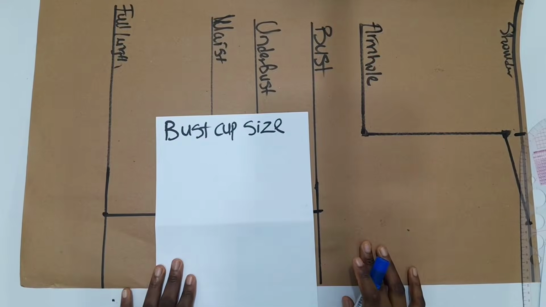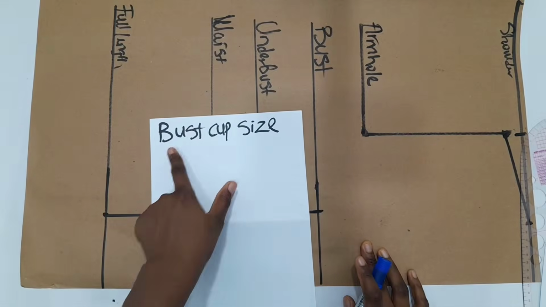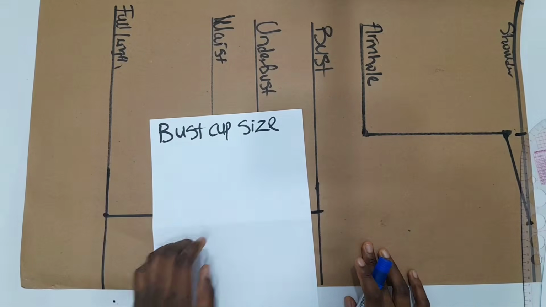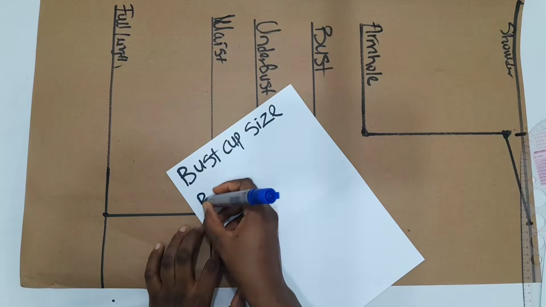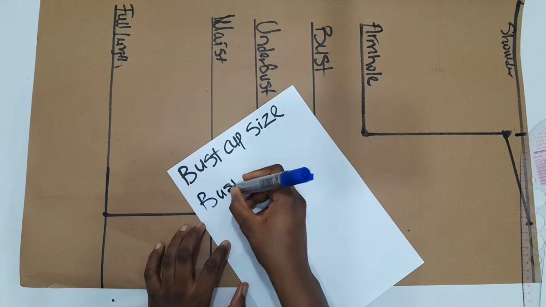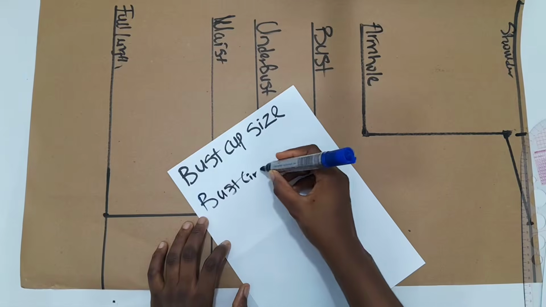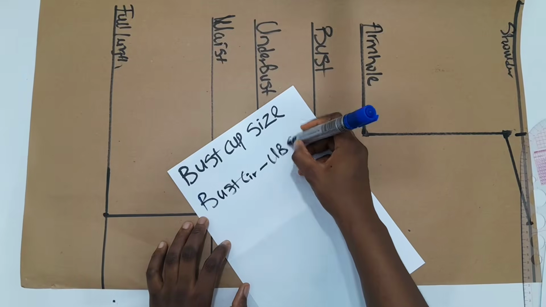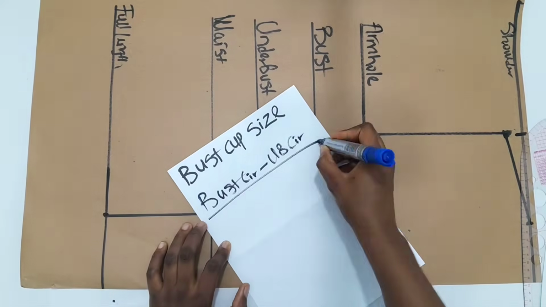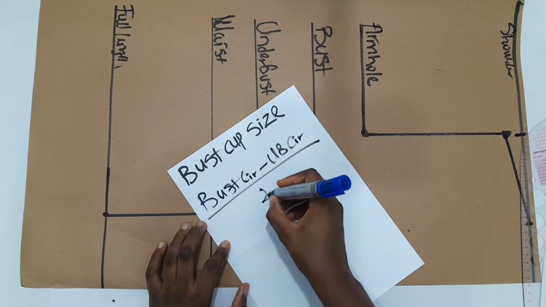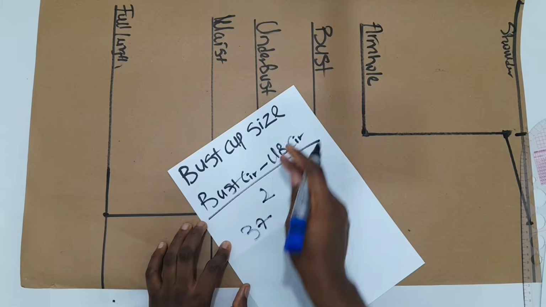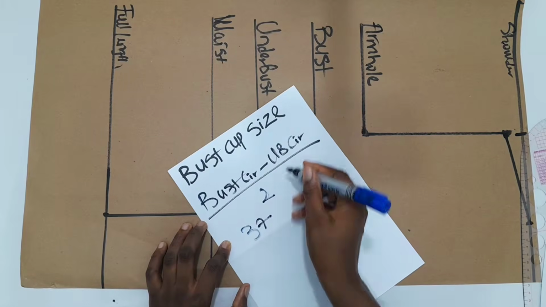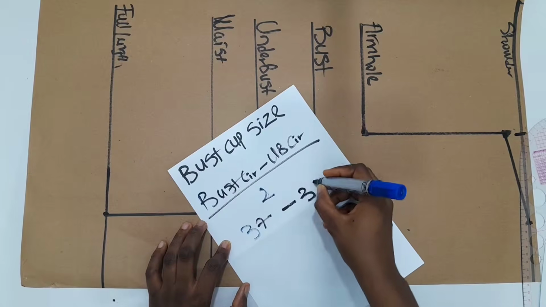So guys, the next measurement I'm going to be working on is my bust cup size. The formula for bust cup size is bust circumference minus under bust circumference, divided by 2. So now my round bust is 37 and my round under bust is 31.